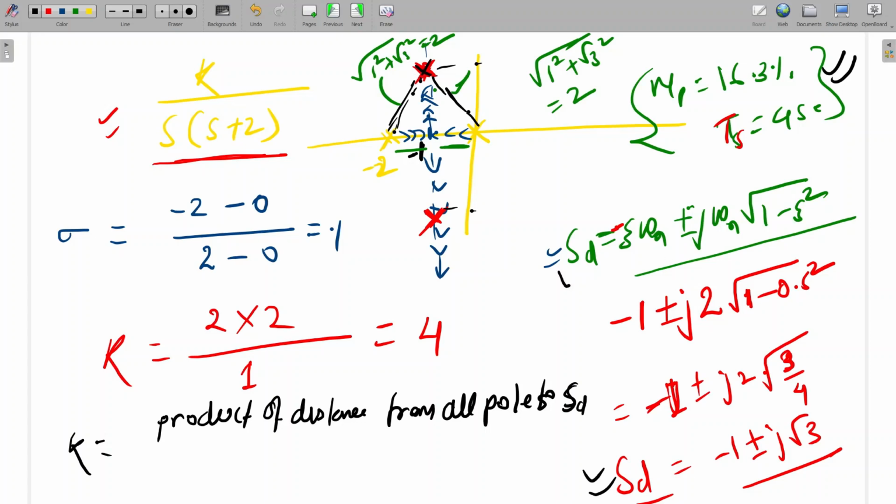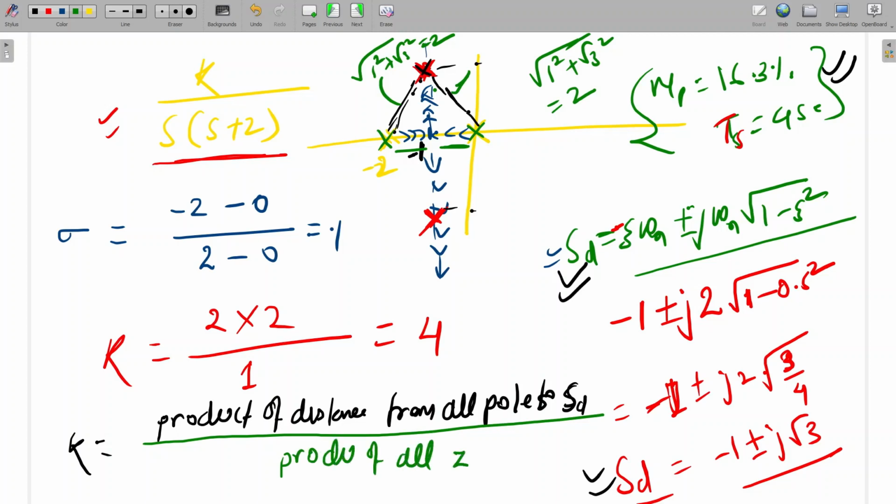This is our desired pole. From all the other poles, we'll find the distance, divided by the product of distance from all zeros to that point. So if some zero will be there, let's say here a zero, in that case this one will be replaced by this distance.